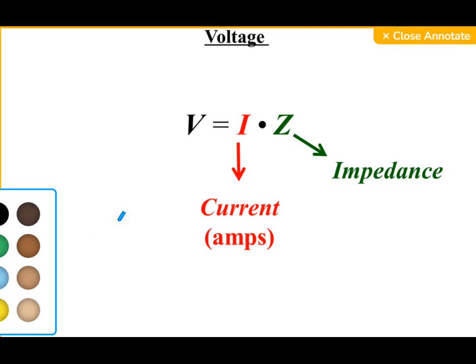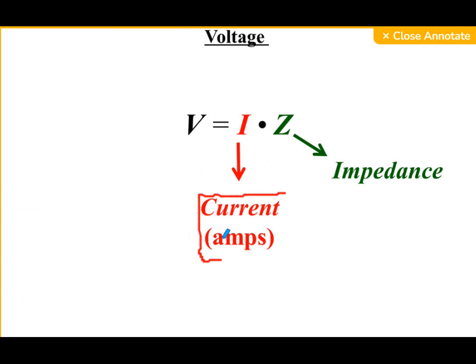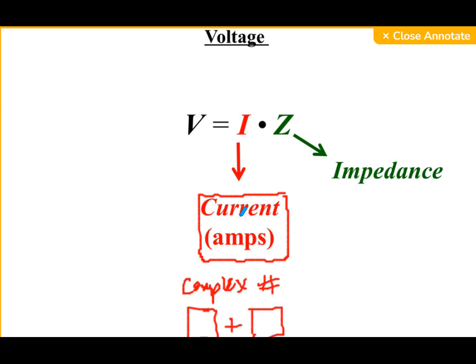The current is the letter I, and that one is in amps. And this current, they usually give us as a complex number, and it's going to look like a binomial, but remember, a real number plus an imaginary number. That's what a complex is going to look like.